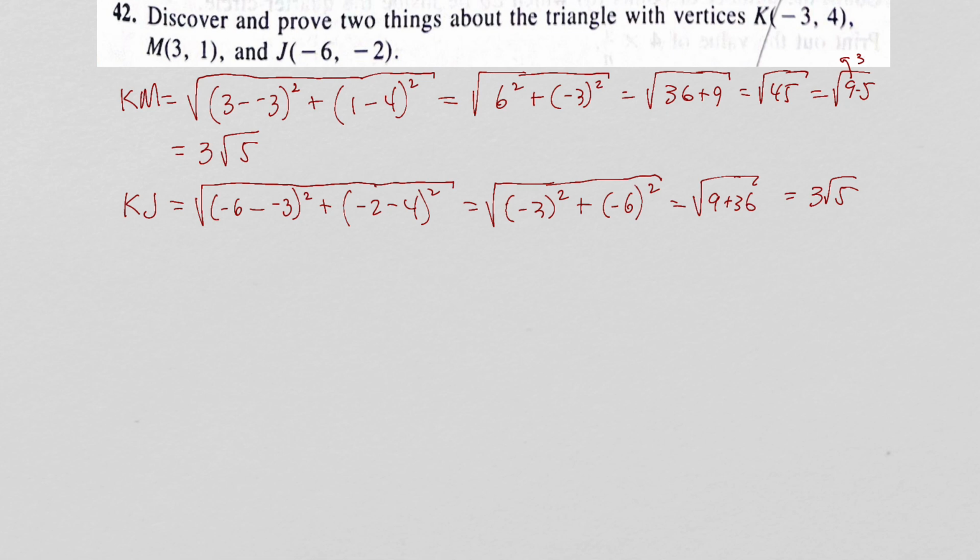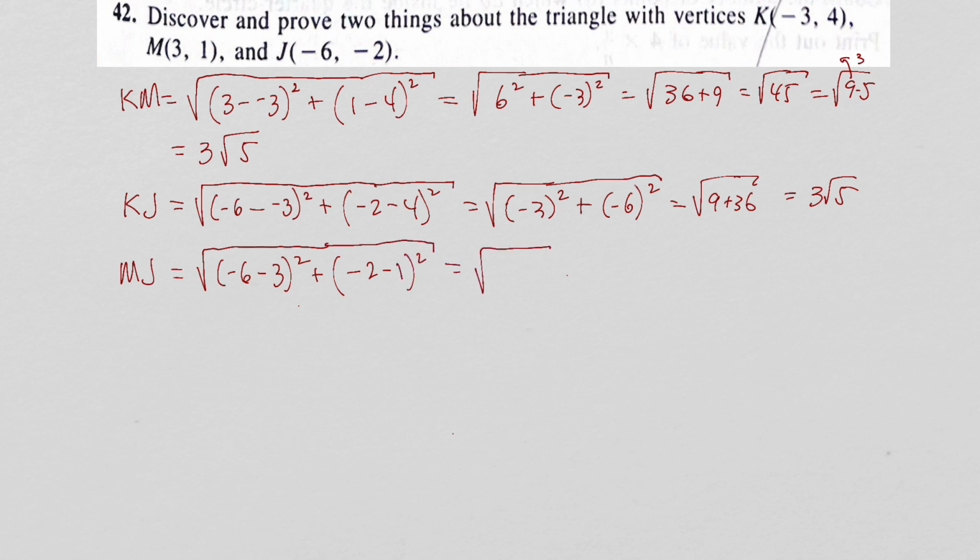Finally, we'll find the distance between the last 2 points, which is MJ. So we have the x2, which is negative 6, minus x1, which is 3, squared, plus y2, which is the y value of the second point, negative 2, minus y1, which is 1, squared.